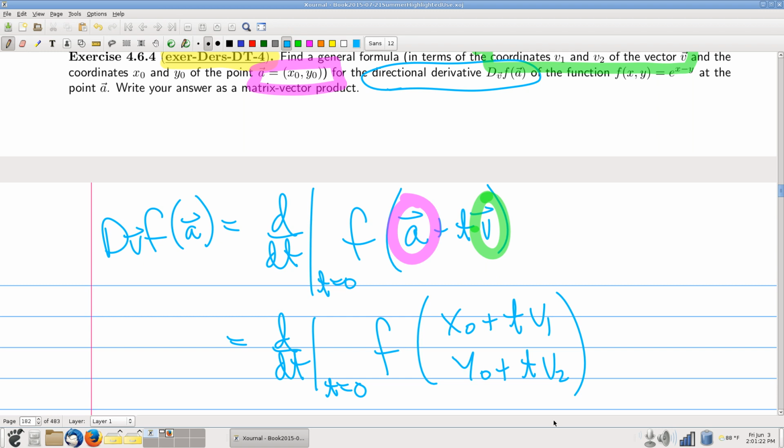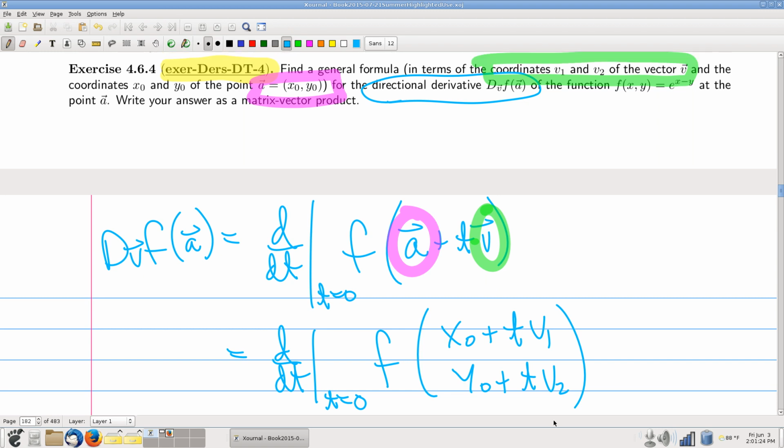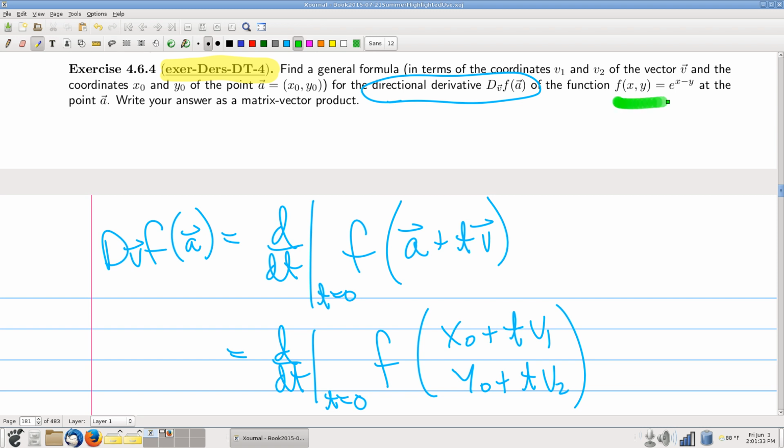Yeah. Okay, now, what is our function f? Our function f is e to the x minus y. So that's what we're going to be plugging this x and y into. E to the x minus y.